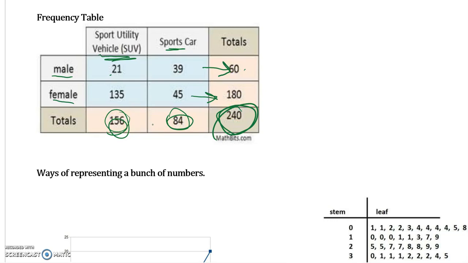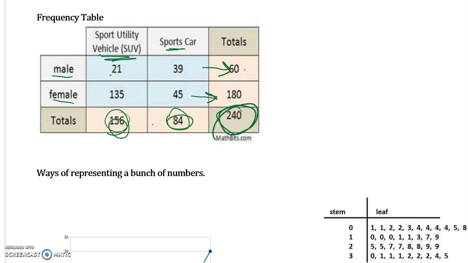Often with frequency tables, you will be asked to find percentages. Those percentages are very much determined by what the wording of your question is.